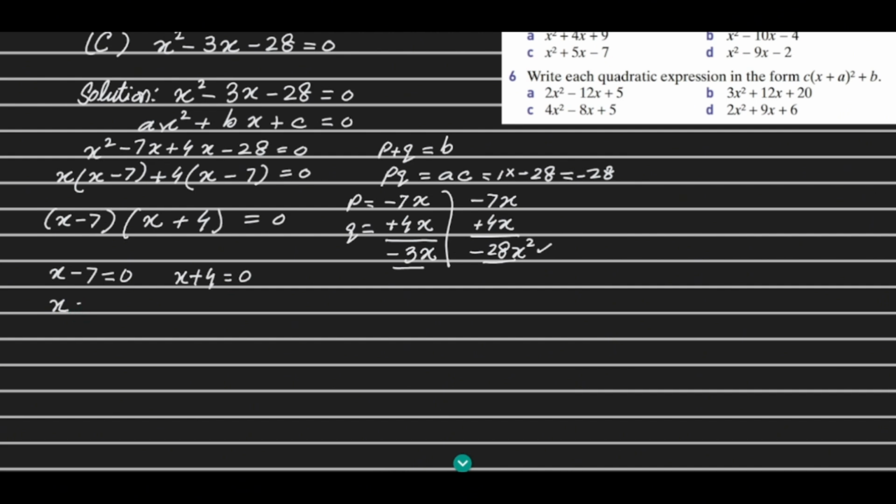From here we get x equals 7, and from here x equals minus 4. So our solution set will be 7 and minus 4.